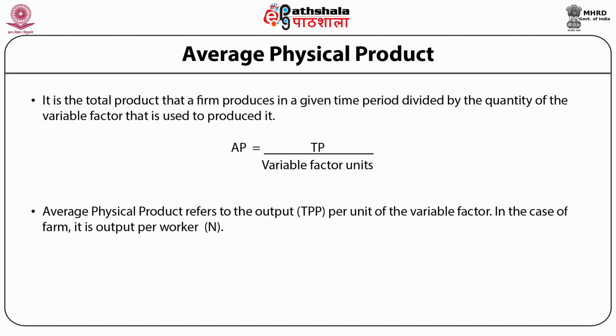In the case of a farm, it is output per worker. Symbolically, average physical product can be expressed as APP = TPP / N, where N means the number of workers employed on the farm and TPP is the total physical product on the farm resulting from the employment of a specified number of workers on the farm.